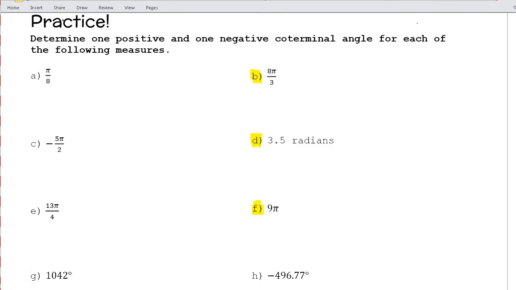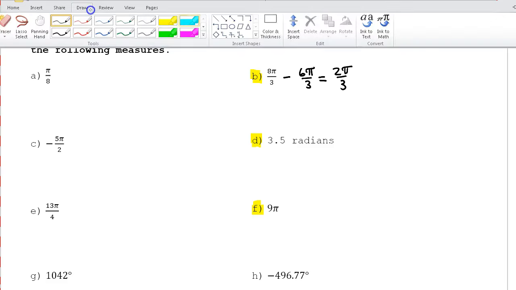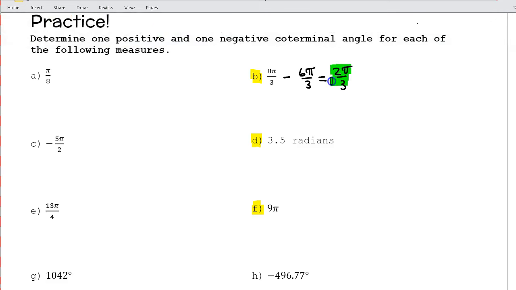So to get our first coterminal angle, I'm going to take 8 pi over 3 and subtract 2 pi, which in terms of thirds is 6 pi over 3. So that's going to give us 2 pi over 3. So that's going to give us one of our coterminal angles.